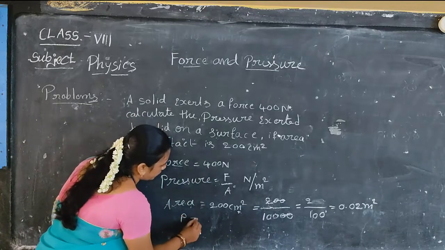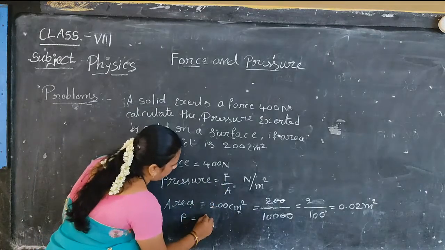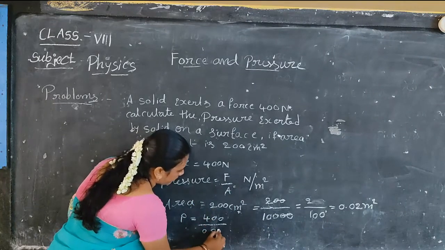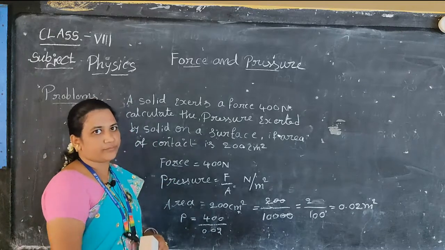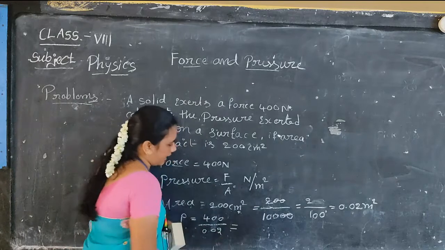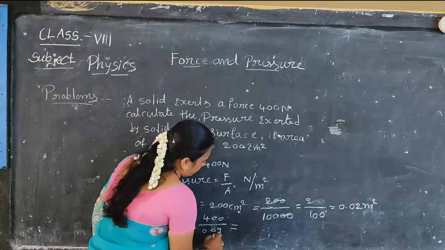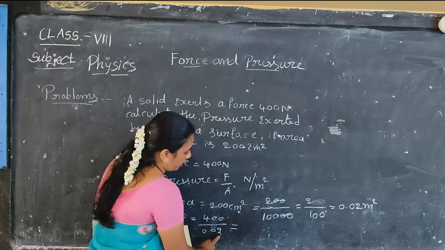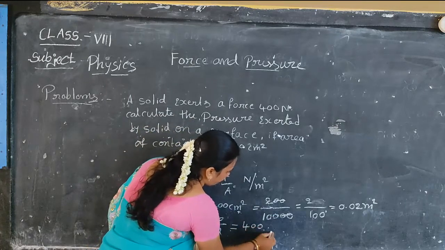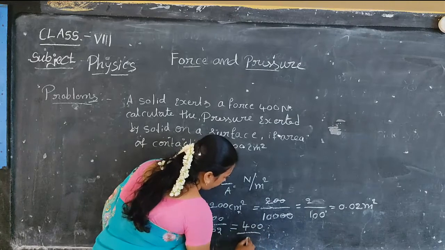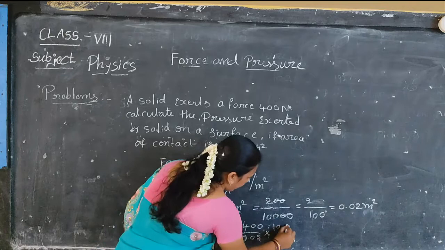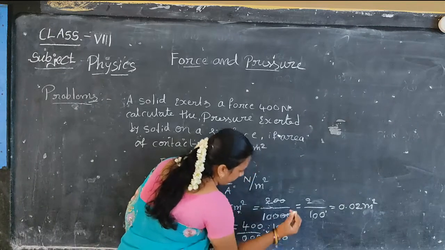So P is equal to 400 by 0.02. Here we want to do the calculation. To remove this decimal point, we can multiply by 100 by 100. So we get 400 by 0.02 into 100 by 100.